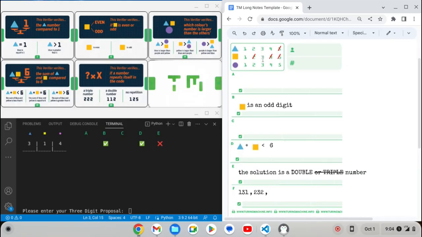And it could be square 3 and circle 3, but again, that would mean that triangle is 4. So yeah, I think this is it. You only have 1, 3, 1 and 2, 3, 2.